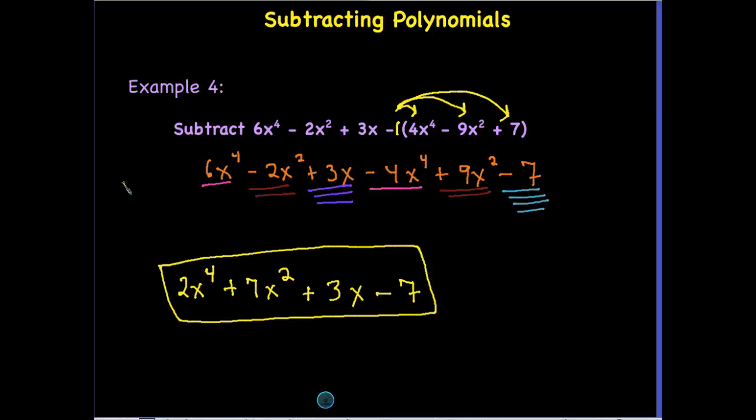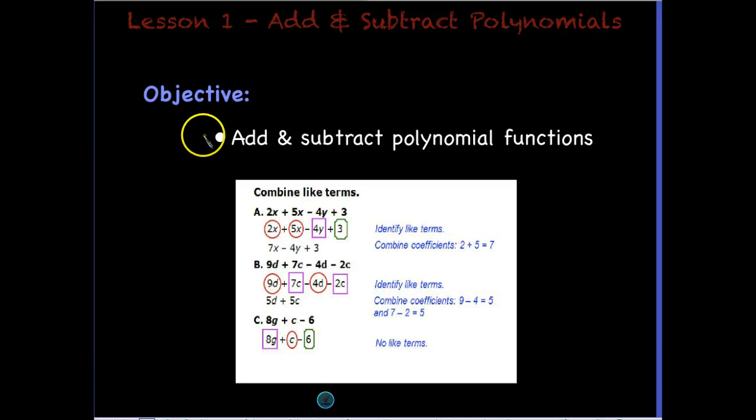And sometimes we do other things with geometry, like combining volumes of two shapes. And so it's important to know how to add polynomials together and subtract polynomials together in order to find out our end result. So hopefully now our objectives are met, and you should be able to add and subtract polynomial functions using your comfort method, either horizontally or vertically.